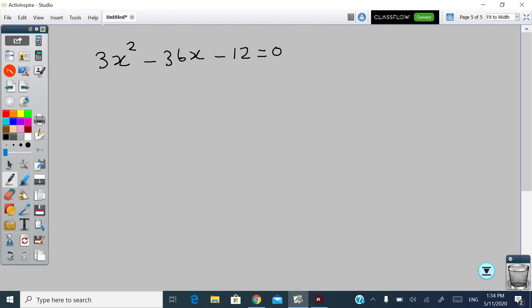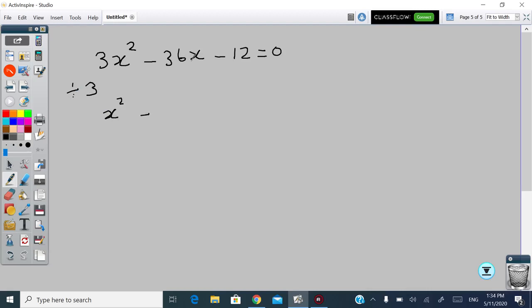First of all, the coefficient of x squared is not 1. So we cannot complete the square unless we divide by 3. So we divide through by 3. That leaves us with an x squared. So now we can complete the square.